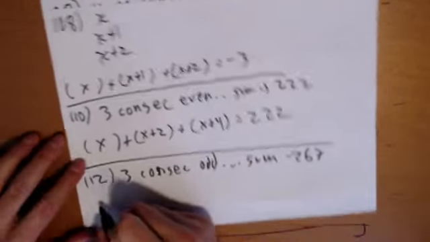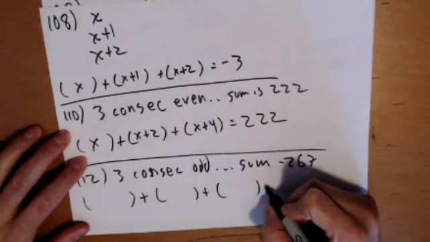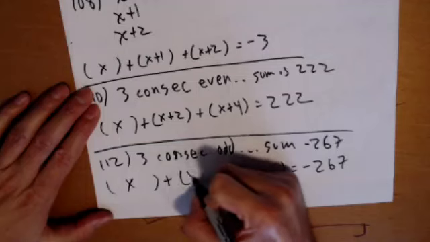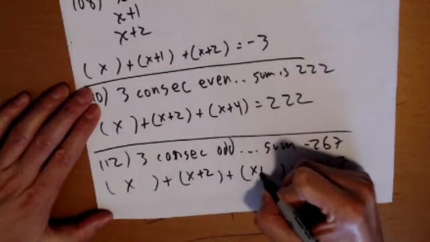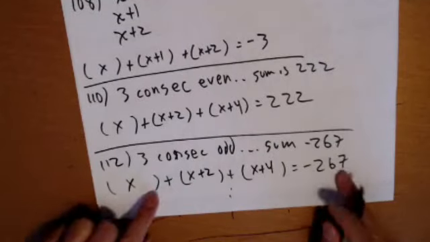Okay. So adding 3 things up, and the sum is -267. Consecutive odds. Remember, x, x plus 2, x plus 4. And then I'll let you finish that off, because the math's pretty straightforward from there.